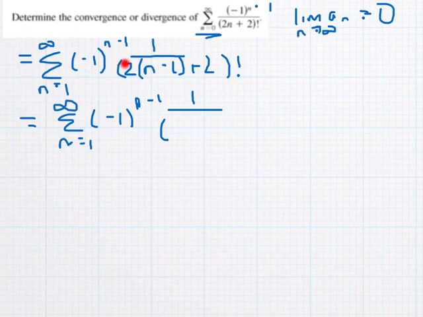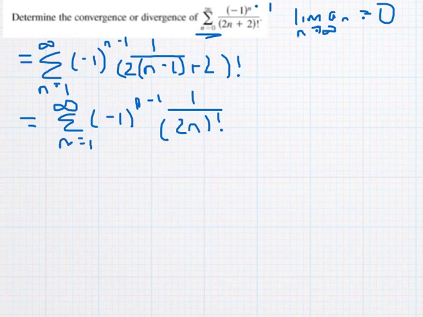So 2 times the quantity n minus 1 is going to be 2n minus 2, and then plus 2. So 2n factorial. So now this matches the form of the theorem, and this right here is n minus 1.